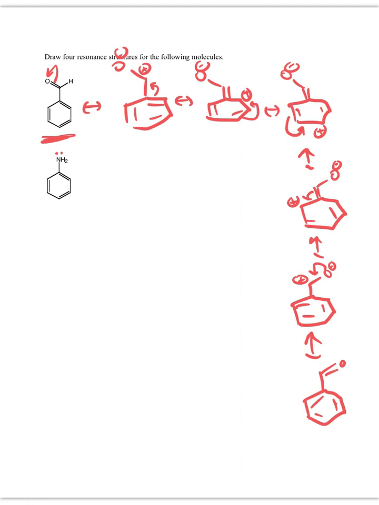Okay, in aniline, we can't send electrons out to the nitrogen because it already has 8. All we can do is send them into the ring. So we send them into the ring and we get a double bond to the nitrogen. And then 4 electrons at a time, we can send them around the ring.